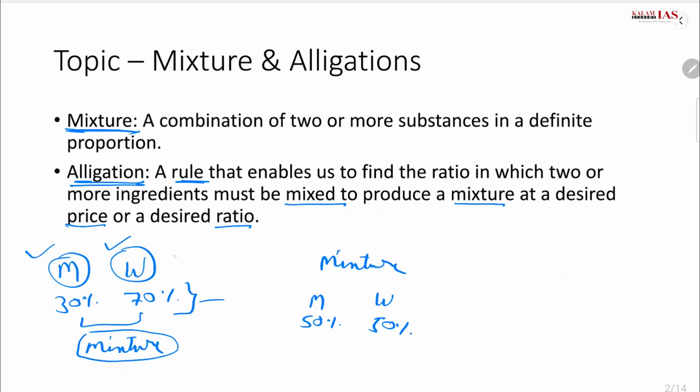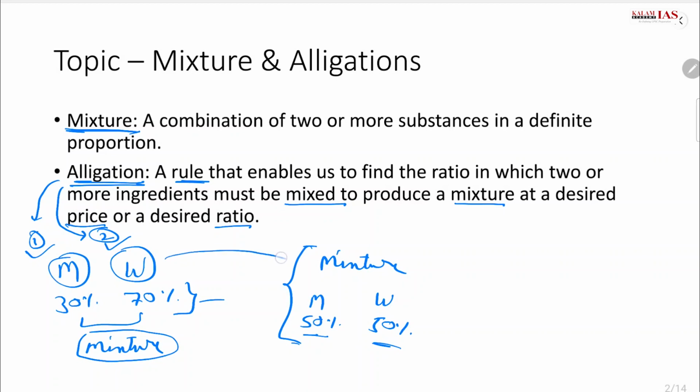So from these two ingredients, ingredient 1 and ingredient 2, alligation will give us the rules by which these ingredients must be mixed to produce this mixture at a desired price or desired ratio. So we have to produce a mixture of 50-50%.